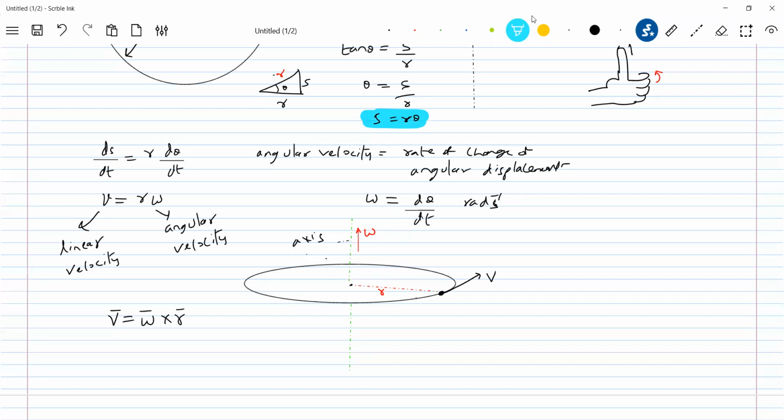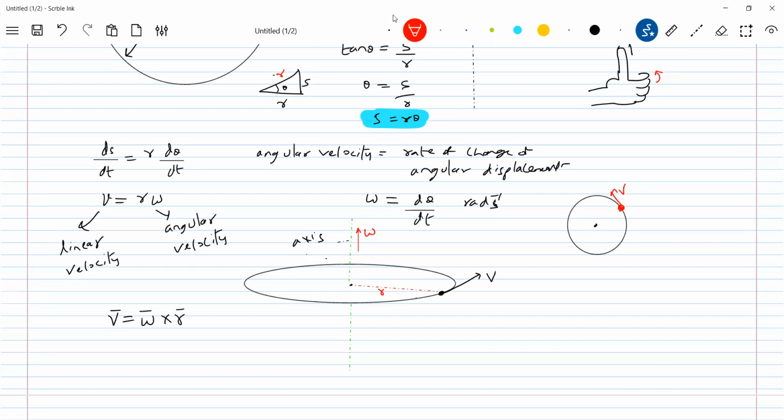Now, how is the vector relationship omega cross r bar? So now curl the fingers here. This is the vector form in simple mathematical terms. Suppose we know that a particle moves in a counterclockwise direction.